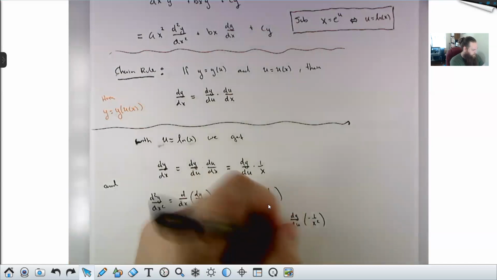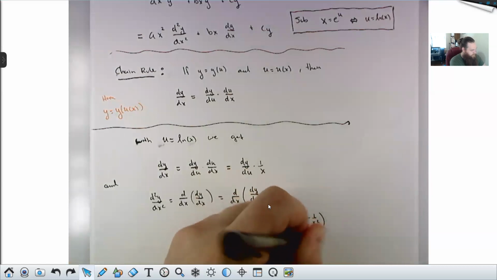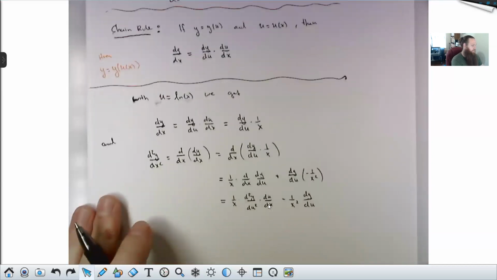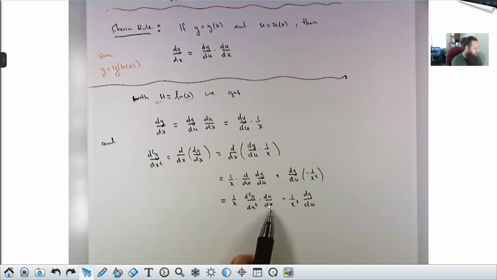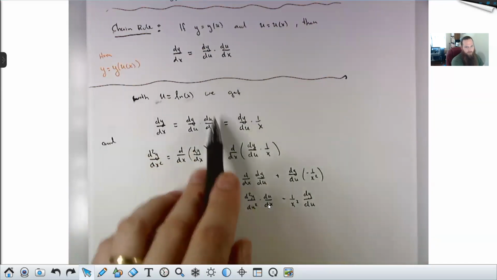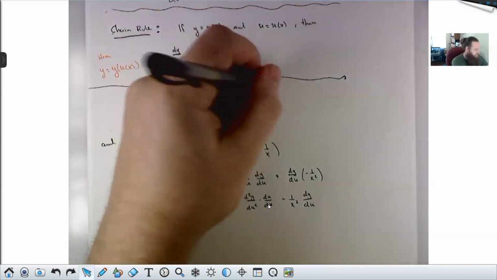And then here I'll just have my minus 1 over x squared dy/du. du/dx is itself 1 over x. We know that, right? du/dx is 1 over x. We've used that already. I'll put it up here.